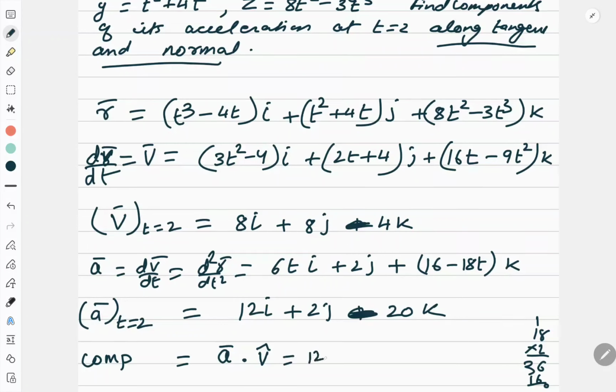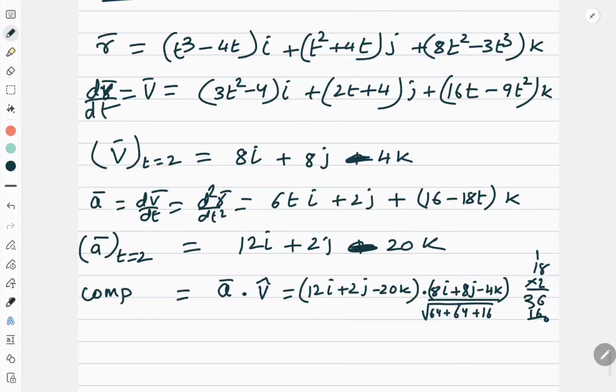So now this is 12i plus 2j minus 20k dot v cap. V cap means 8i plus 8j minus 4k upon under root of 64 plus 64 plus 16.